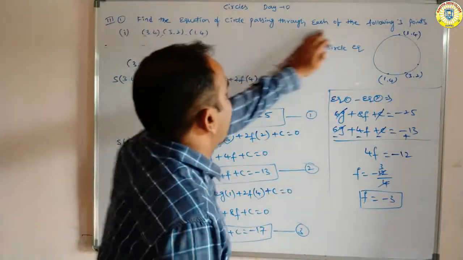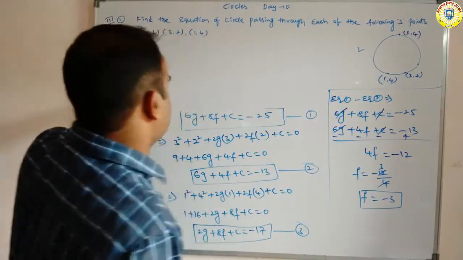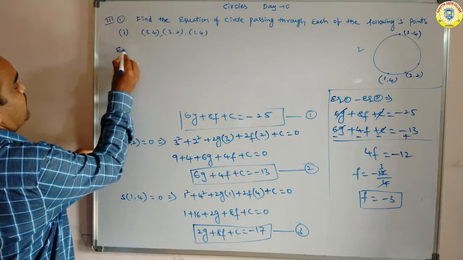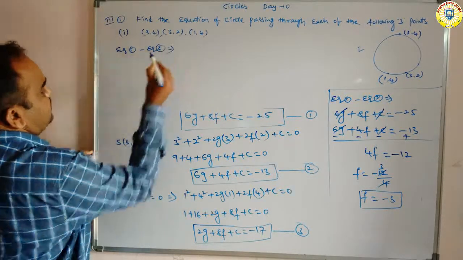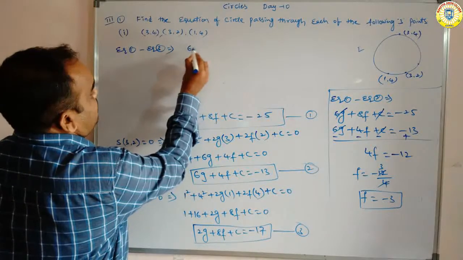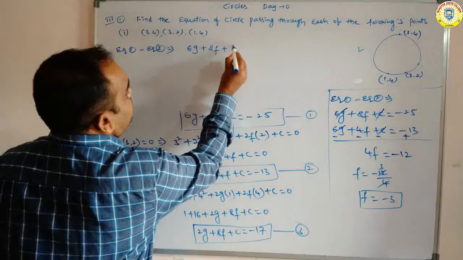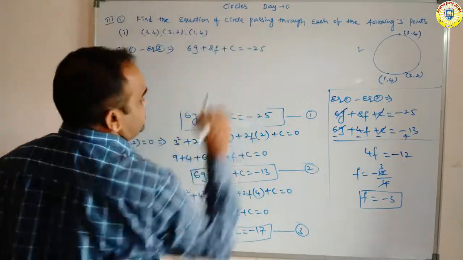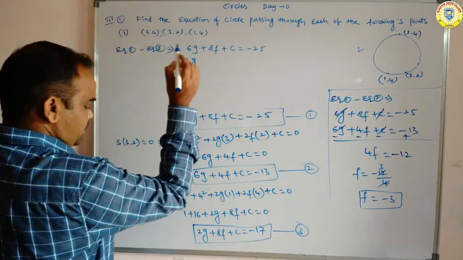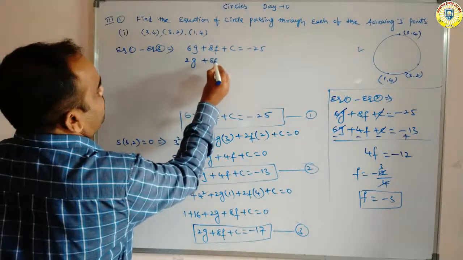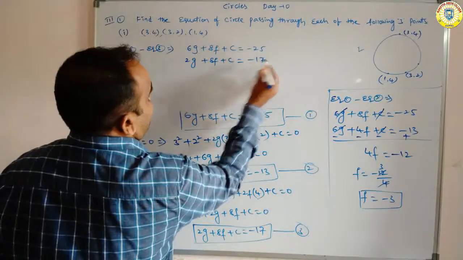Now we are doing equation 1 minus equation 3. What is equation 1, sir? 6g plus 8f plus c is equal to minus 25. What is equation 3? 2g plus 8f plus c is equal to minus 17.